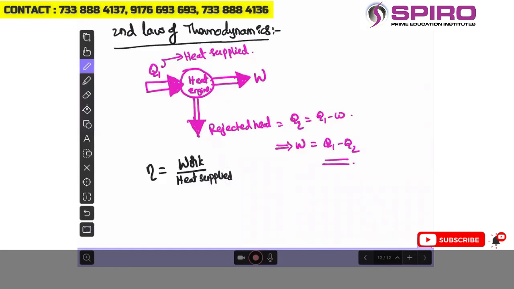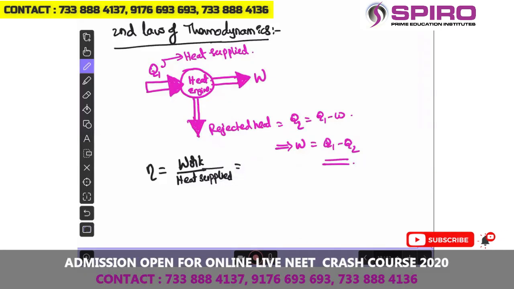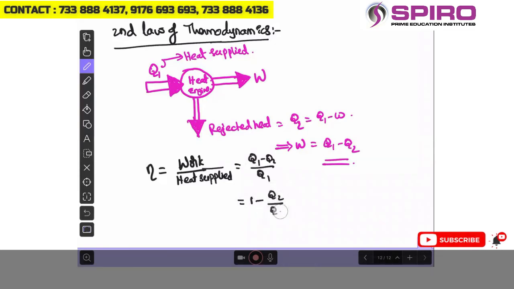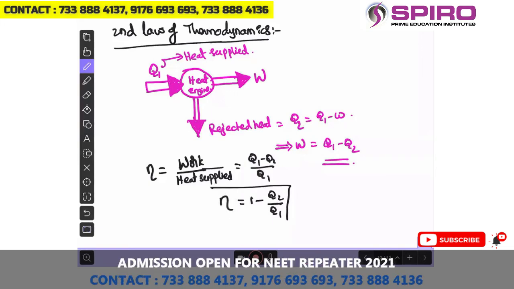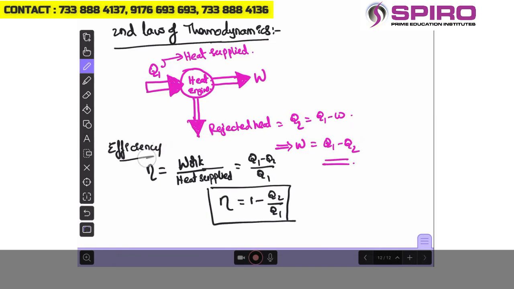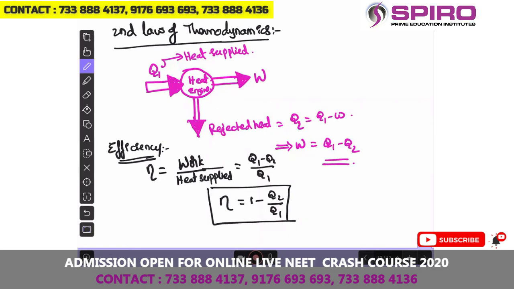The work can be written as Q1 minus Q2, and the heat supplied is Q1, so it can be written as 1 minus Q2 divided by Q1. This is the way you can calculate the efficiency of the heat engine.